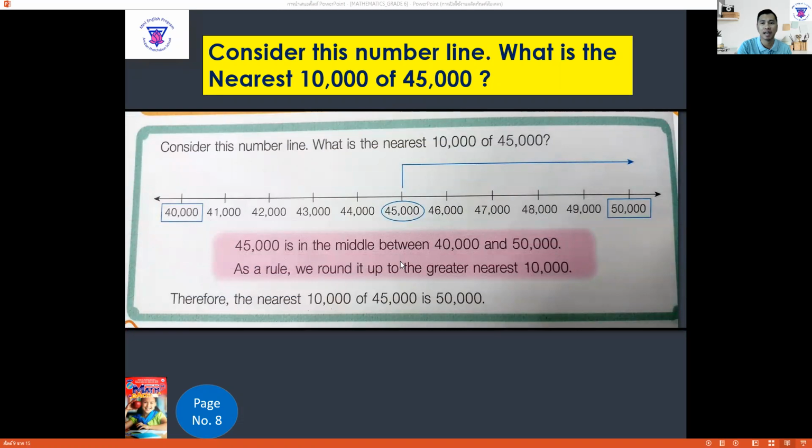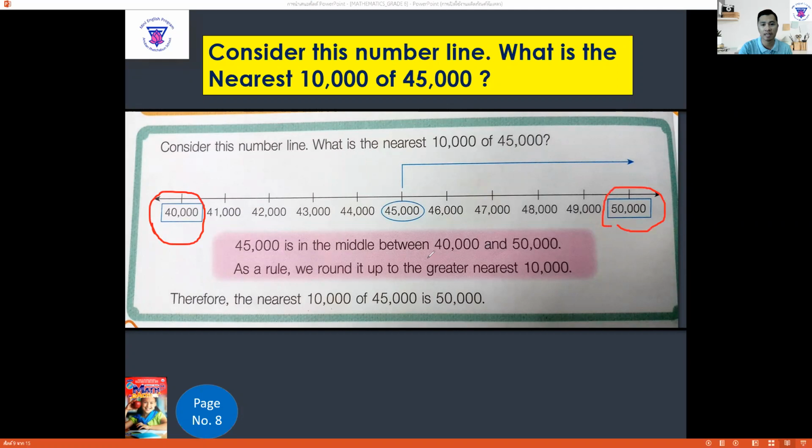Consider this number line. What is the nearest 10,000 of 45,000? Okay, that is already in the middle. Okay, so look, this number is in the middle, right? 45,000 is in the middle between 40,000 and 50,000.